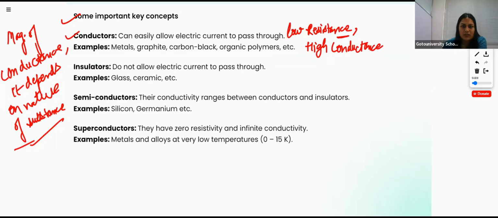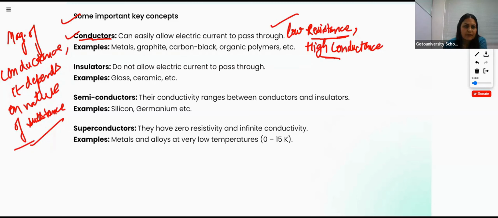This is a very basic thing that you have studied in previous classes. Conductors are those through which current can easily pass, that means substances which show low resistance to current and high conductance.